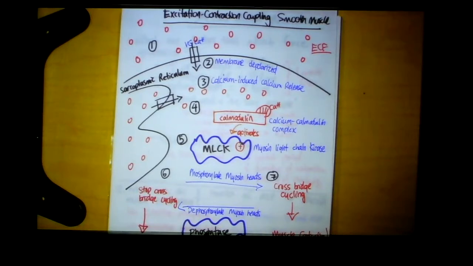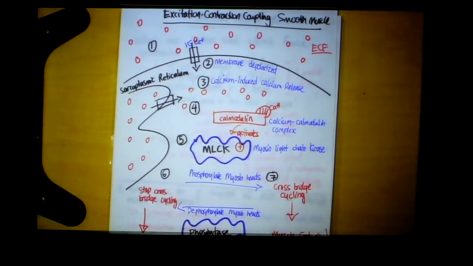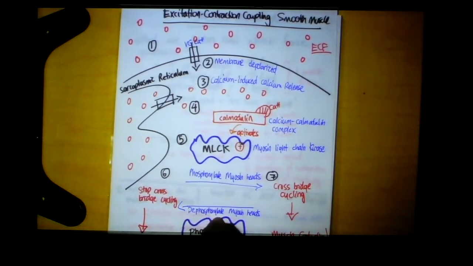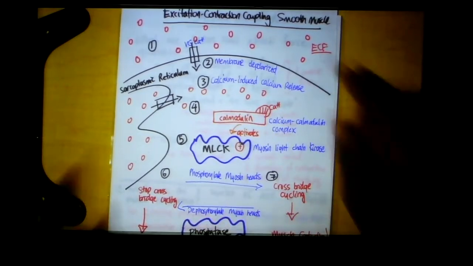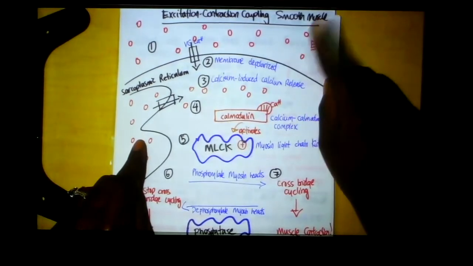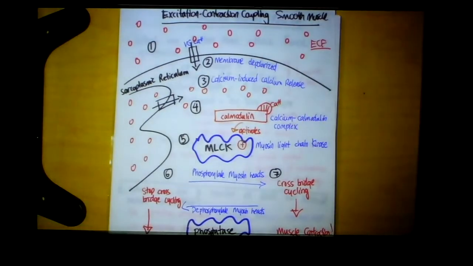And make sure you understand calmodulin and its role, and then MLCK and its role here as well. Okay, and so I won't go into the steps in detail because we talked about this, but understand how this compares to skeletal muscle contraction in terms of the fact that there's no sarcomere here, right? In terms of the fact that the source of calcium is extracellular as well as the SR, okay?